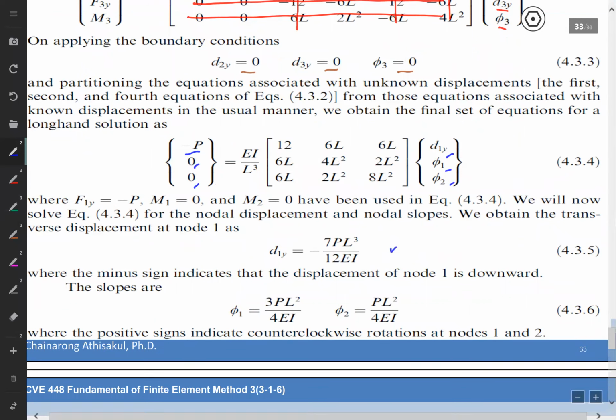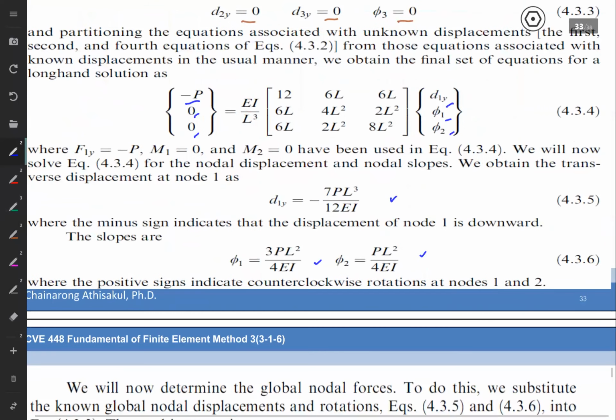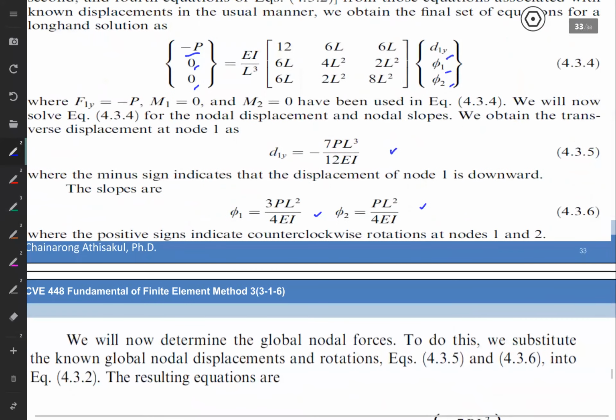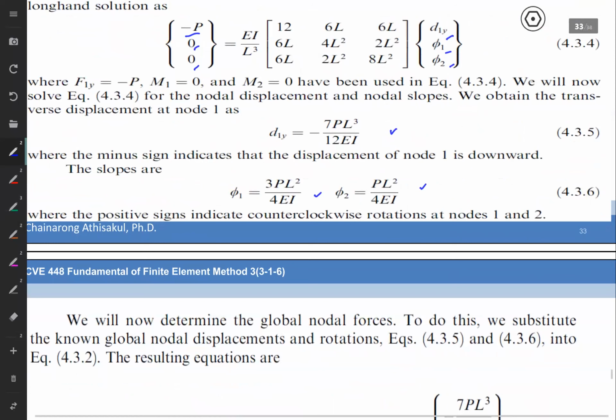We obtain the solution already. We can solve analytically because it's just 3 equations and 3 unknowns. After we obtain the solution, we go to the post-processing, where we would like to find the reaction force.